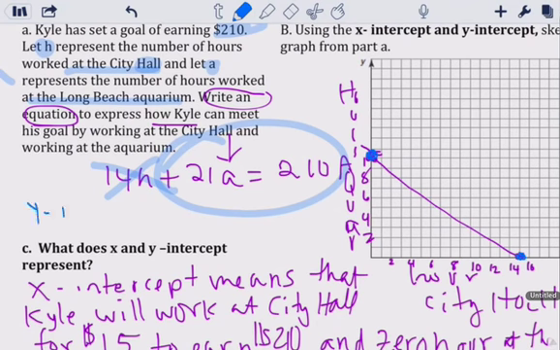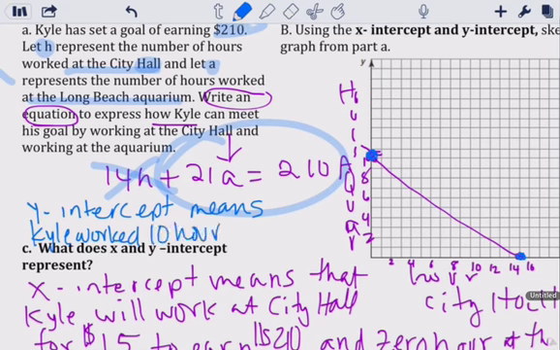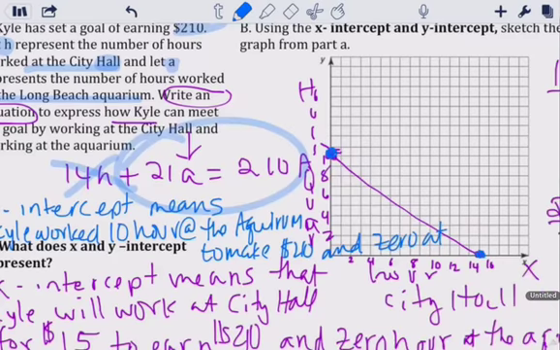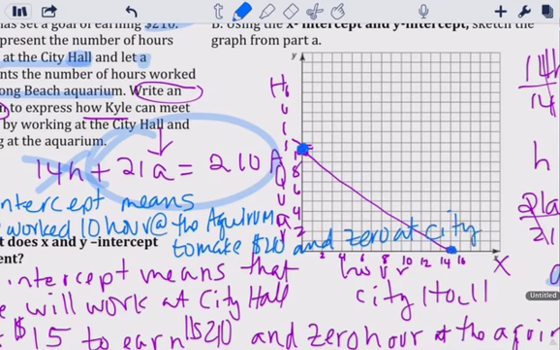So the y-intercept means Kyle worked 10 hours at the aquarium to make $210 and 0 hours at City Hall. He put in all his hours at the aquarium. That's what it means.